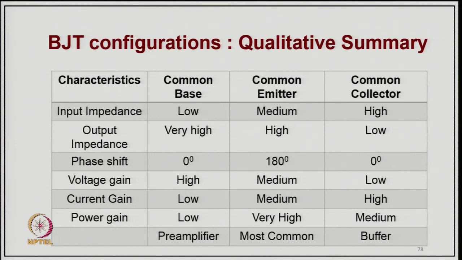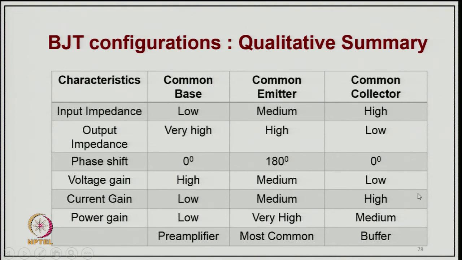Voltage gain is high for common base, medium for common emitter and low for common collector, and current gain is quite low for common base, medium for common emitter, but high for common collector.